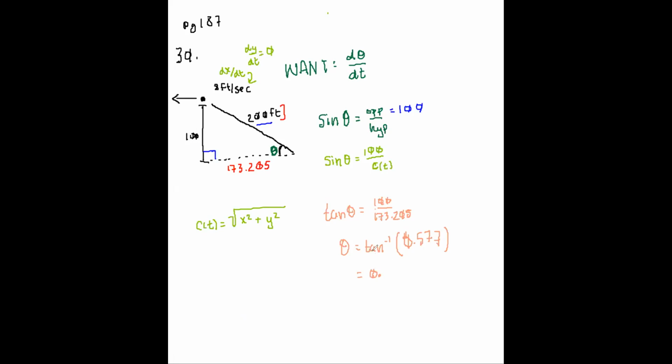If we just take the inverse tan of this number, there's no variable involved here. So theta is equal to 0.52336. So we would take the derivative of that, and we would end up with d theta dt is equal to 0, because this is a constant. Yep.